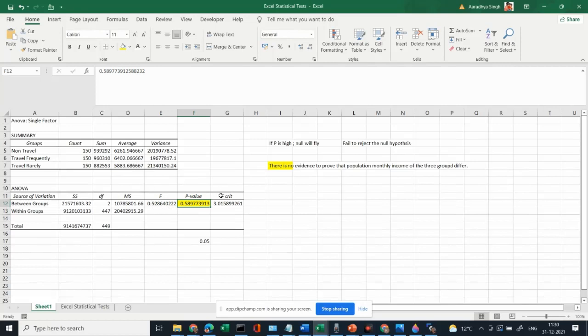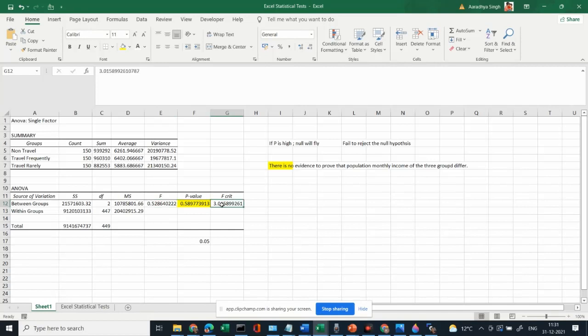Now, how it is done, the math behind it, or the F table that we can refer to, I'm not going to cover in this session. But I'll definitely share how you get this F statistic value. This F statistic value is the ratio of the between the group variance to the within the group variance. So if you have 10785801.66 divided by 20402915.29, you'll exactly get this number.